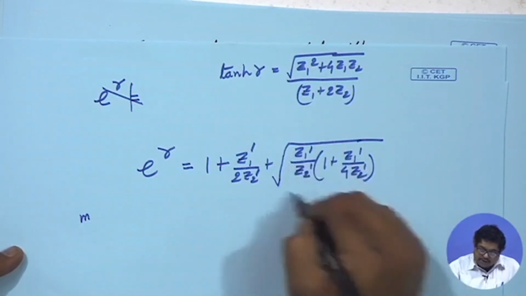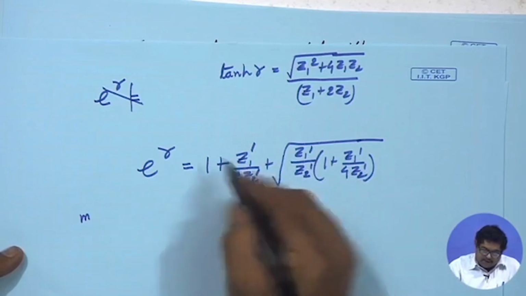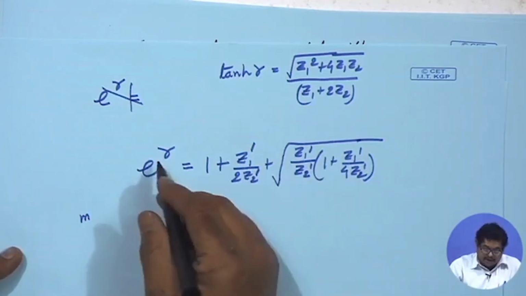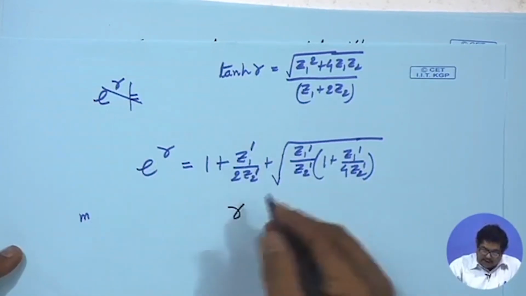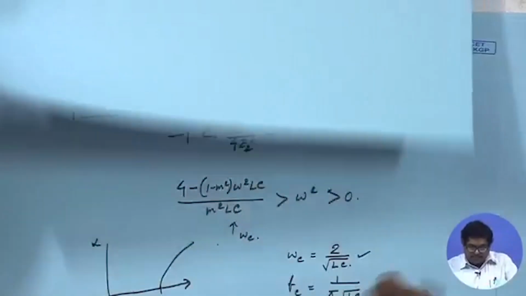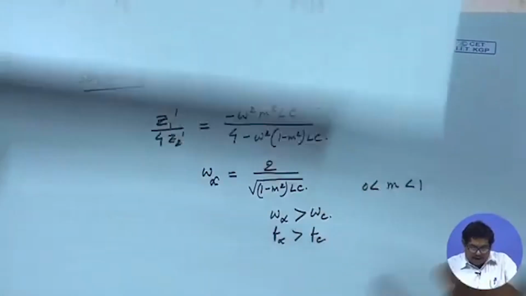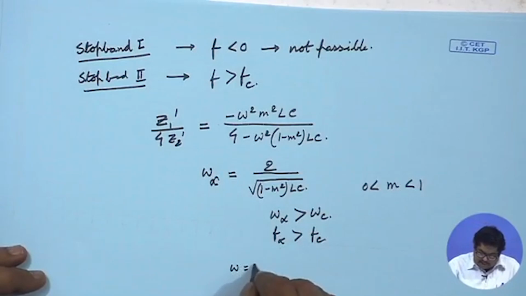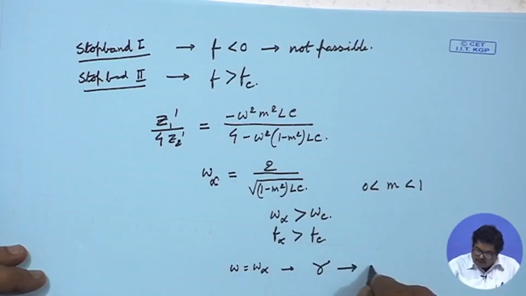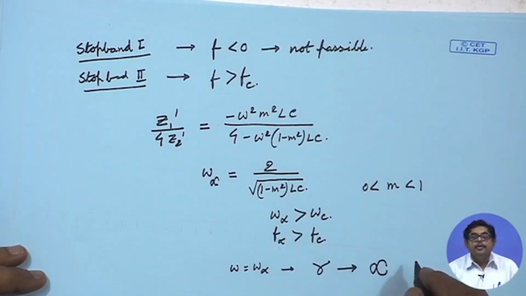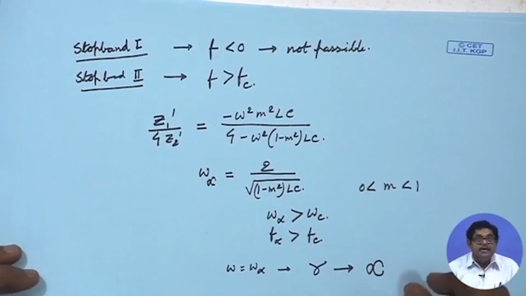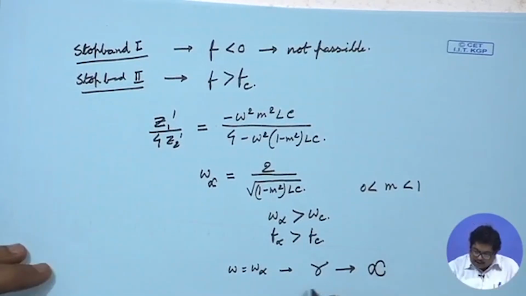So, you see this is infinity, then this is also infinity. So, the whole thing is infinity. So, can I say that at omega equal to omega infinity, my gamma goes to infinity. So, gamma is very high. Now, what is gamma? Gamma is alpha plus j beta.